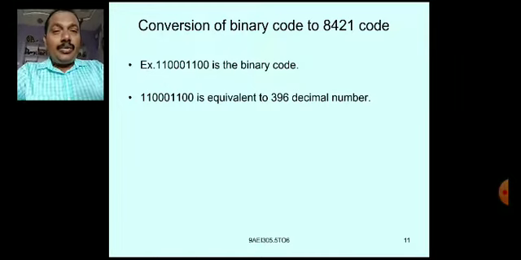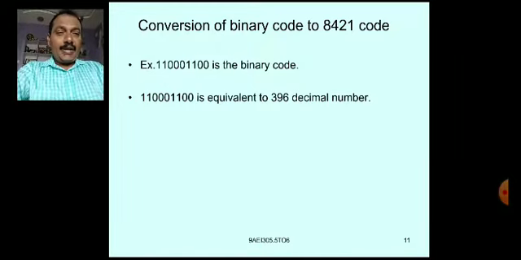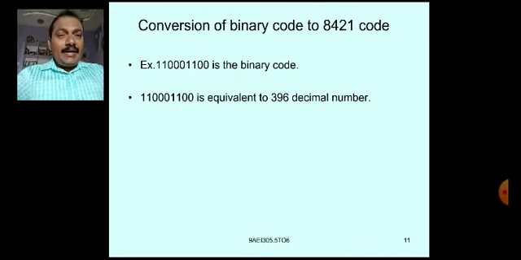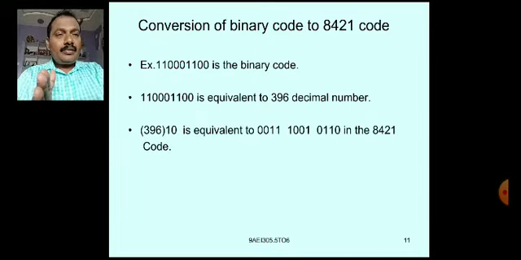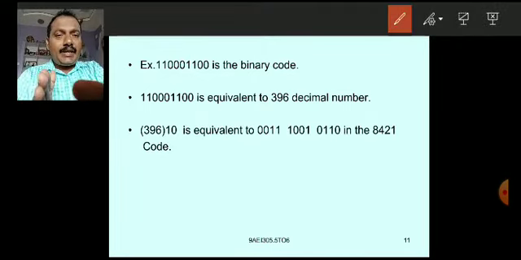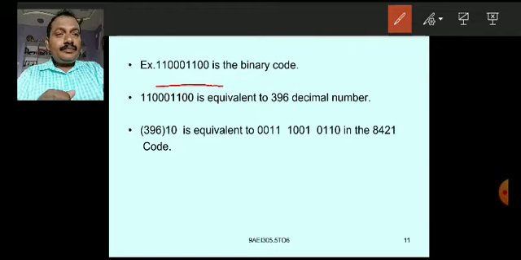For easy understanding of converting binary, I told you already, expand this binary number in terms of its radix. That means we write 2 power 0, 2 power 1, 2 power 2, 2 power 3, 2 power 4, 2 power 5, 2 power 6, 2 power 7, 2 power 8.